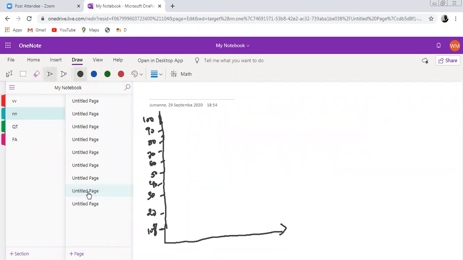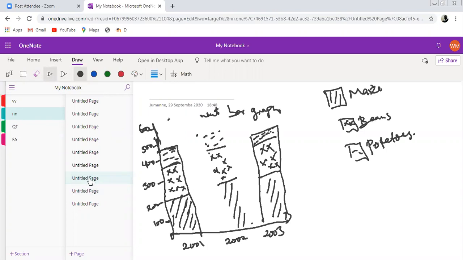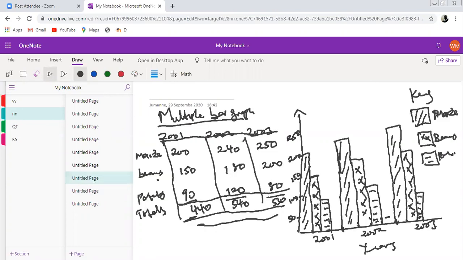Therefore, you will do this. Let me come back here where we have our figures. For example, the year 2001.